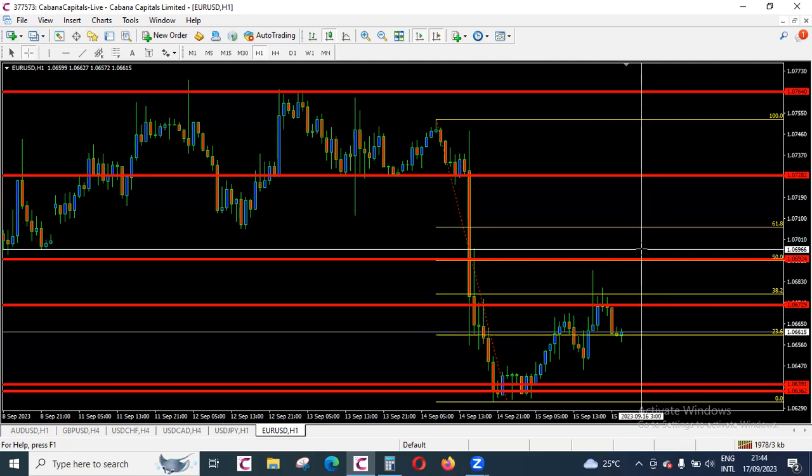You are setting your stop loss around this level, the low of this candle, which is 40 pips, right? So from this point to this point is how many pips? This is 31 pips. It means you can't set your TP at this level because the reward is less than the risk. So you can't use this level as your TP.